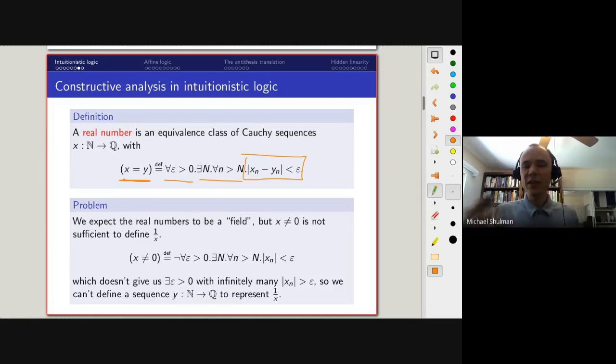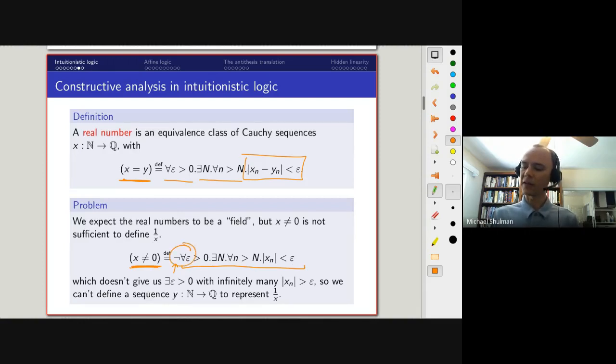Now, we'd expect the real numbers to be a field, but in constructive mathematics, saying that something is non-zero is not enough to define an inverse to it, because just saying that it's non-zero in the sense of not equal to zero in this way, right? That means that it's not the case that for all epsilon greater than zero, there's a something or other.